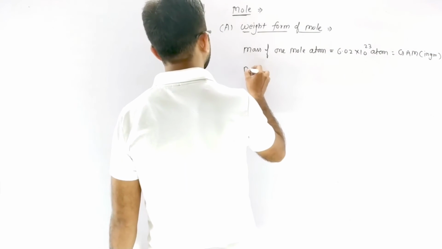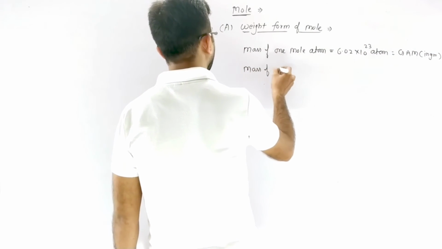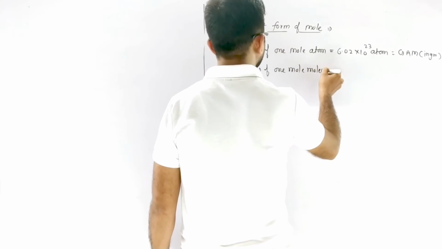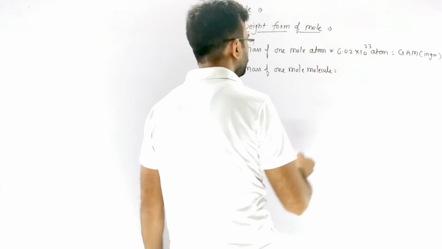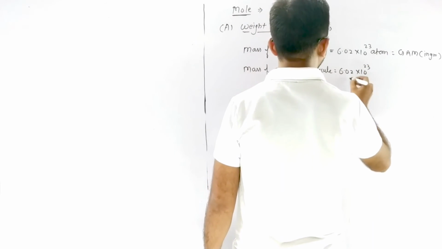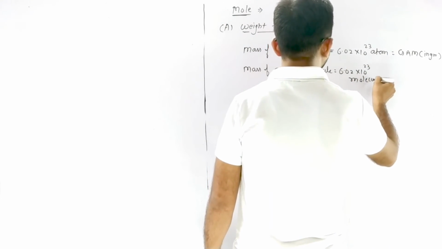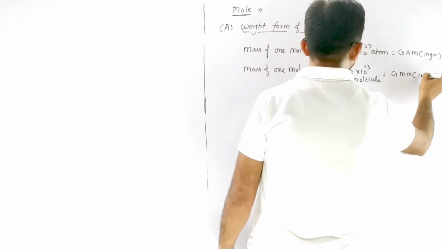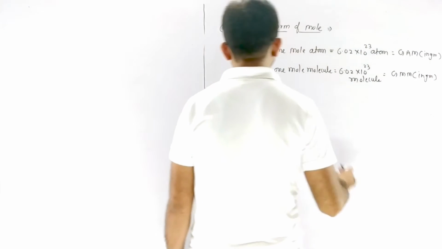Similarly, the mass of 1 mole of molecules also represents 6.02 into 10 to the power 23 molecules, and these molecules have mass equal to gram molecular mass, which is represented in gram.